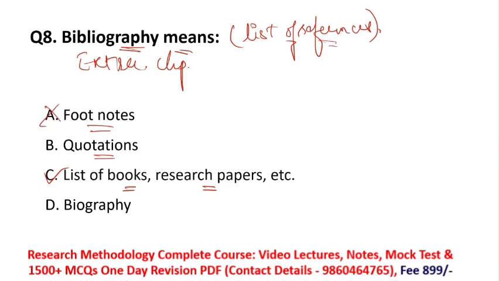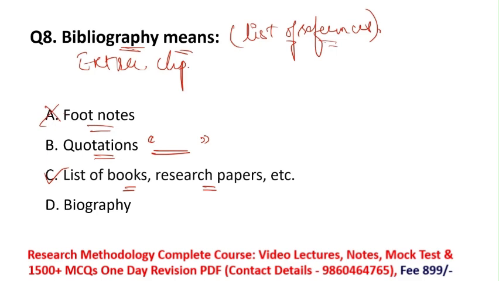Then option B, quotations. Quotations means a passage referred to, or a sentence told by a particular personality. Generally the researcher puts that sentence in quotation marks. That is known as quotations. So again, quotations are not the references. The works that the researcher did, they did not mention in the quotations.